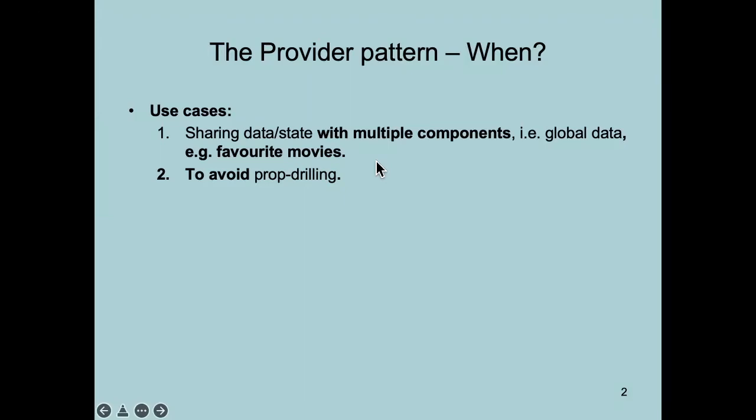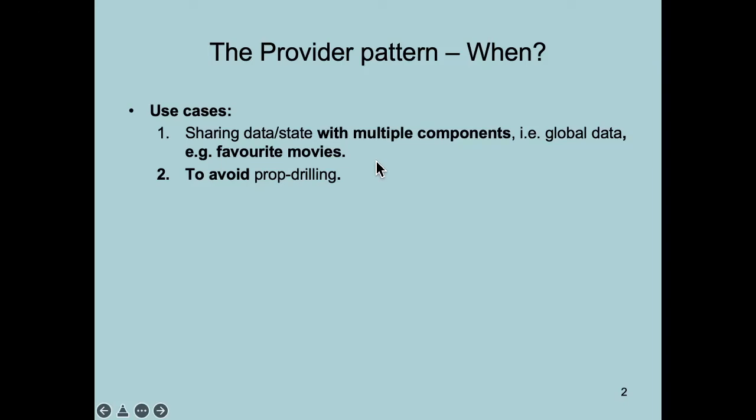Remember, I was saying a few moments ago that the difficult part of patterns is to spot an opportunity to use the pattern. That's certainly the case with the render props pattern and higher order components, which we didn't look at. But in the case of the provider pattern, it's much more straightforward. And the two are interrelated really.